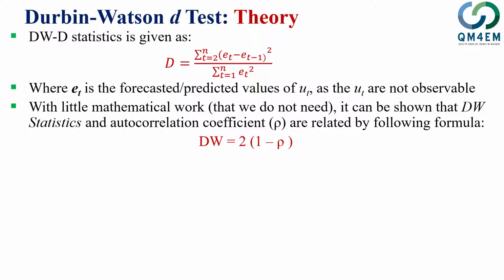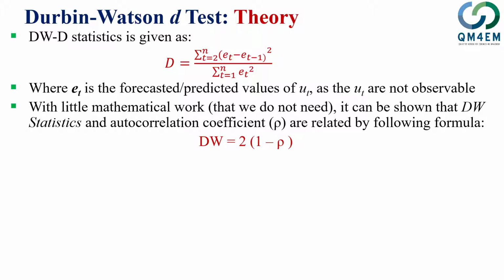Now why do we need the second equation, given that we already have one equation through which we can calculate the D value? The reason is that this second equation is more convenient for interpretation purposes, and it has some more applications as well.